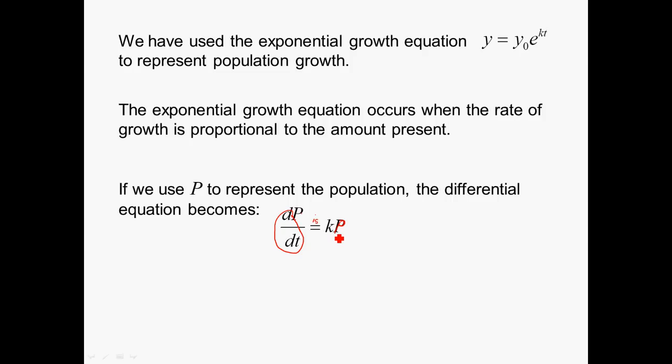So the question becomes, what if we want to start from that, but then have an equation that represents the rate of change of the population relative to that carrying capacity, that M?